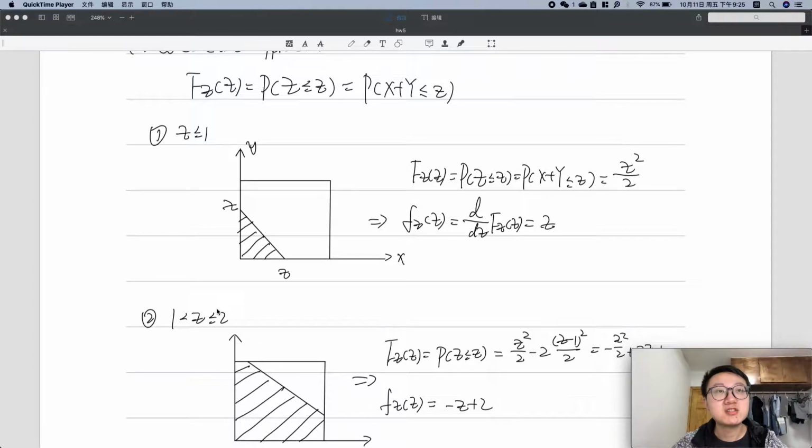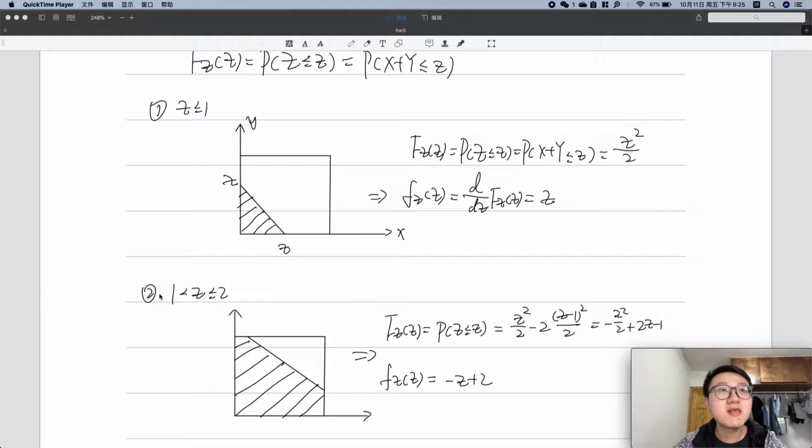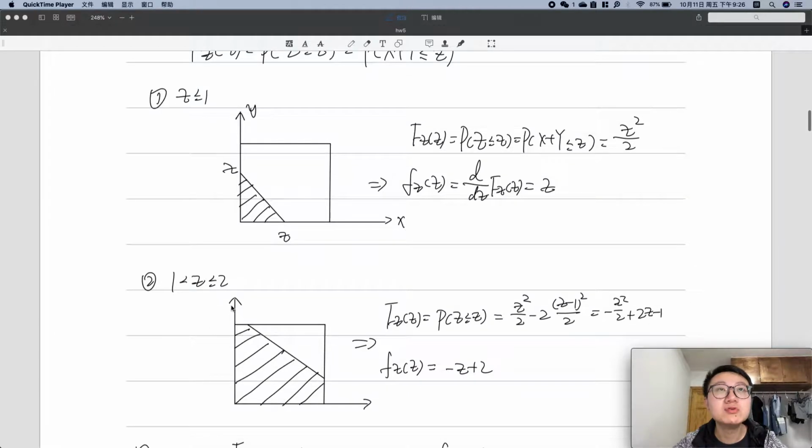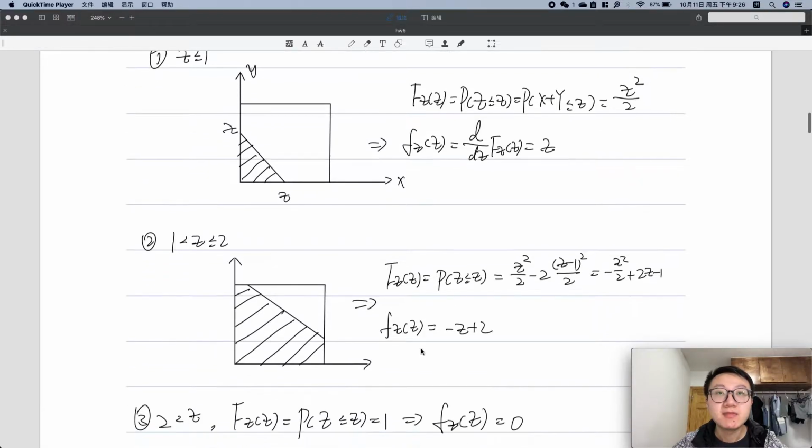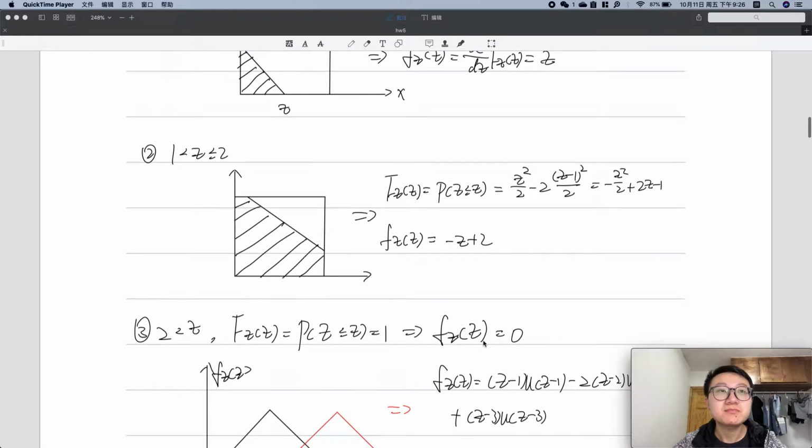After the differentiation, we can get the density function very easily. But that's just one situation. When z is larger than 1 and smaller than 2, this line will change to this part, and we can also get the distribution function like this. After the differentiation, we can get the density function like this.